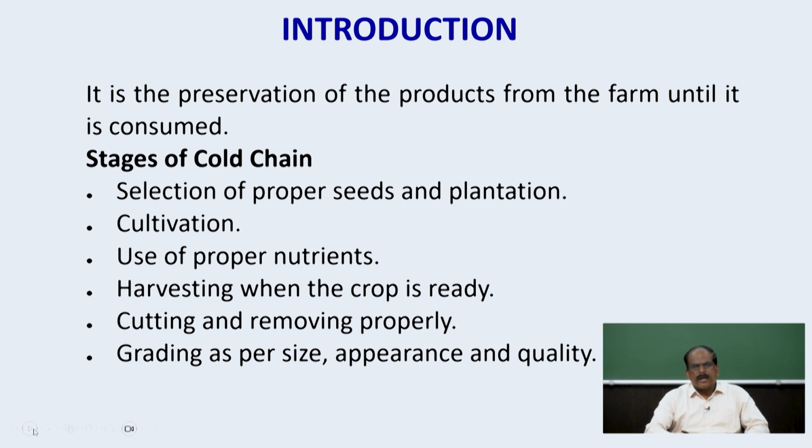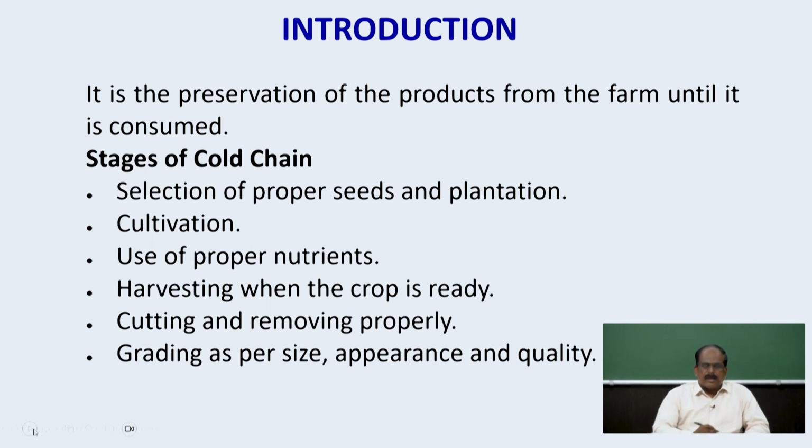We have seen the kinetic model, Q10 model, and time temperature tolerance, that is, the triple T models, and how these models are used to predict the shelf life of the product. Based on this, we have solved numerical questions also.